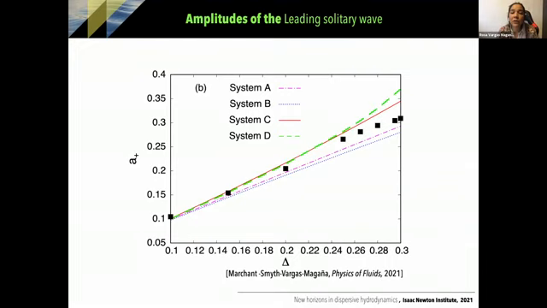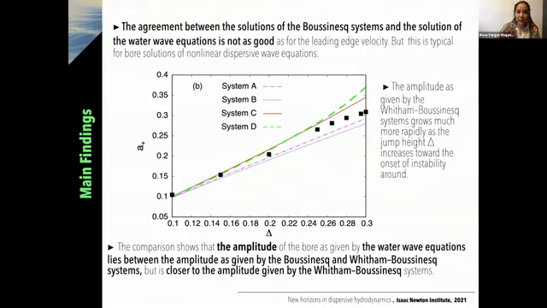We see that the undular bore amplitude lies between the Boussinesq and the Whitham system, but the Whitham systems have a better agreement when they are far from the modulation instability.